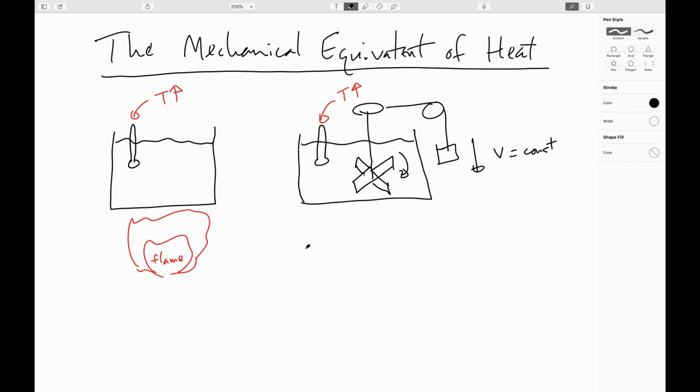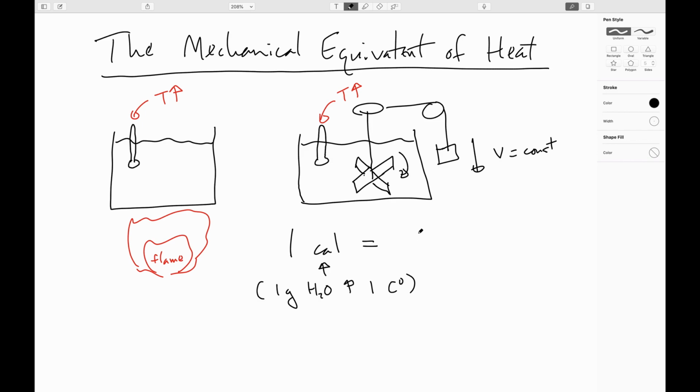Now, because it took quite a while to figure out that heat transfers were indeed transfers of energy, this leaves us with a sort of a mishmash of units dealing with this stuff. So if you've seen any kind of thermodynamics in a previous course, say chemistry or something like that, you've probably run into the calorie. This is the heat required to raise 1 gram of water by 1 Celsius degree.